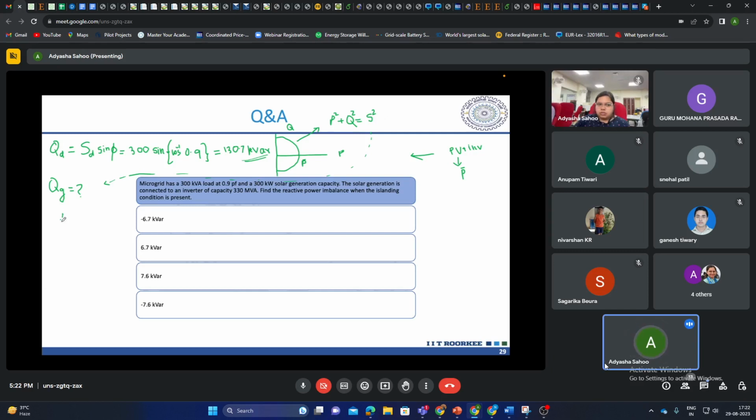So here we will get square root of Sg square minus Pg square. So what we have, Sg, I have given here as 330, right? So it will be 330 square minus, what is Pg? 300.